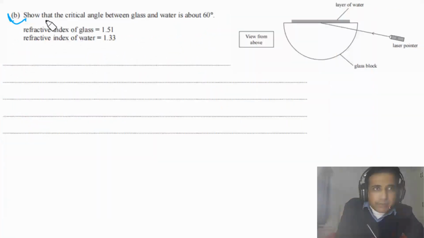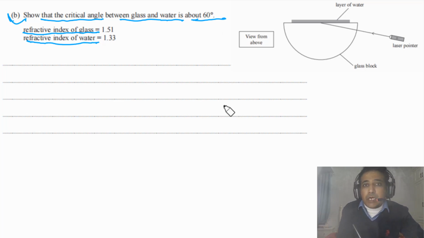Part B says, show that the critical angle between glass and water is about 60 degrees. The refractive index of glass is given and the refractive index of water is also given to us. Critical angle: first of all, we need to understand that critical angle simply means that if we draw a normal line here, so this is the normal, the angle of refraction has to be 90 degrees.